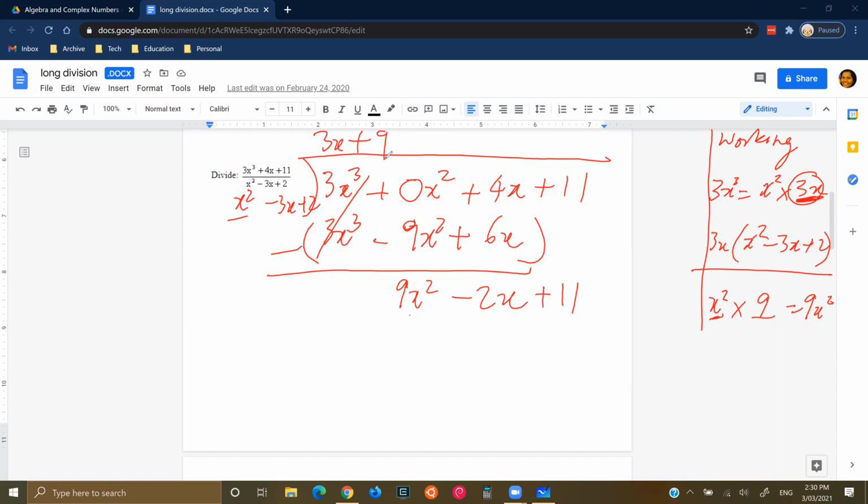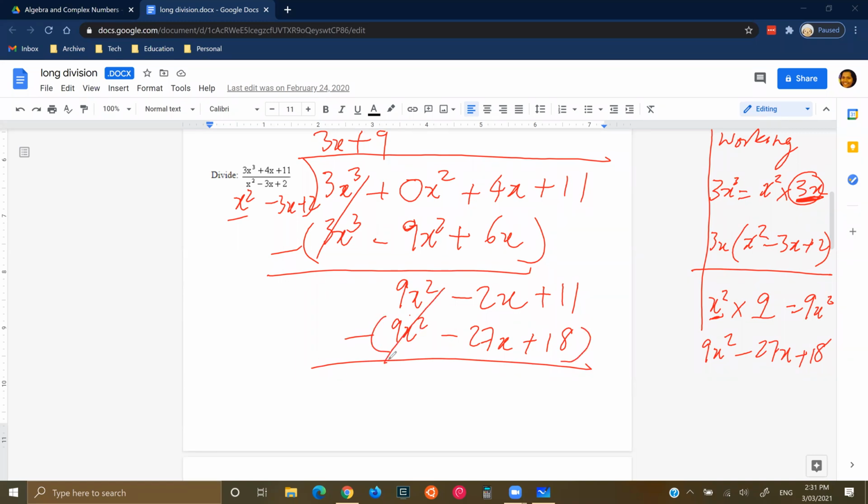Multiplying this whole thing here with the 9 will give me 9x squared minus 27x plus 18. Now I'm going to subtract. So minus 2x minus 27x will be giving me 25x. 11 take away 18 is negative 7.